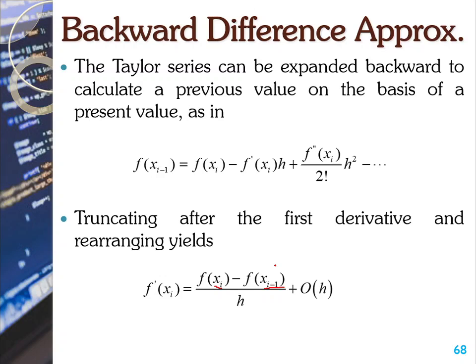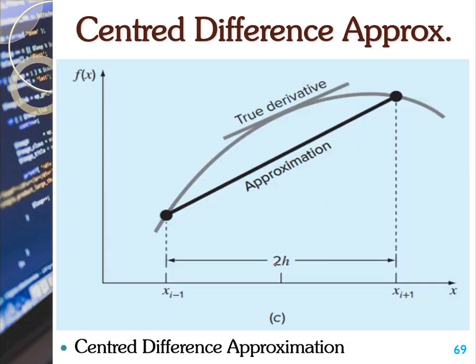Now, just as we are using the forward, the present value, and that was the past value or the future value, we can think of a way of combining these two as one. Once we combine these two approximations, we can get what we call the centered differencing. With this centered differencing, we are not going to need the present value, which is the x_i.